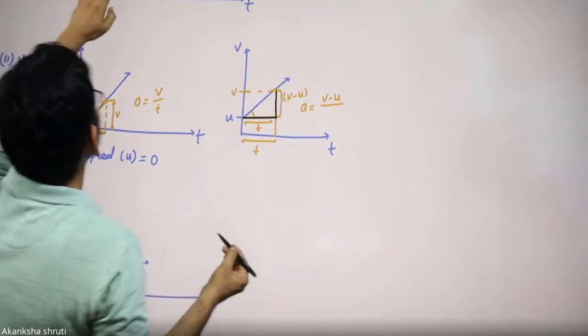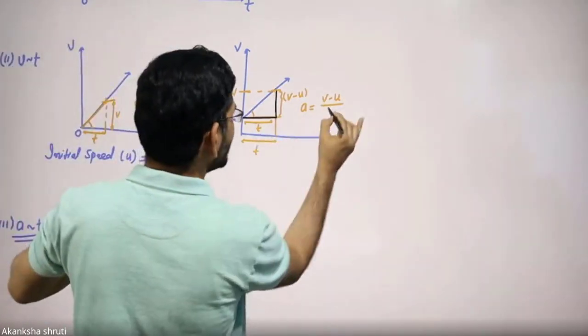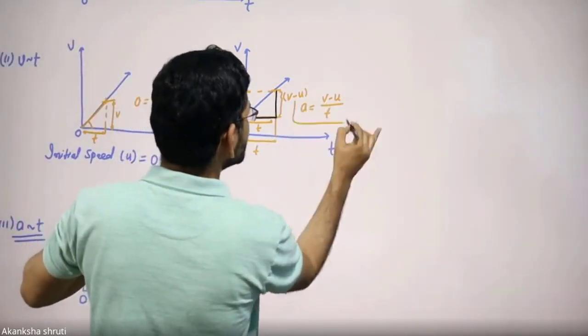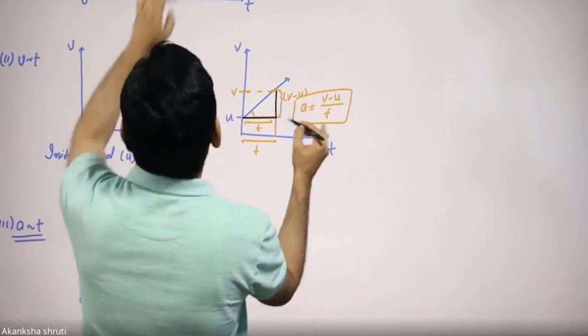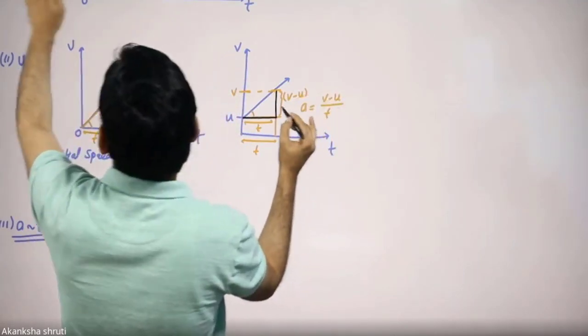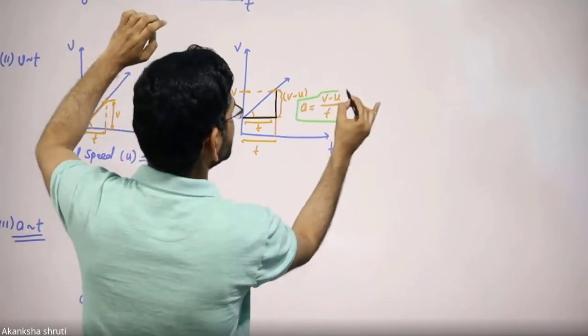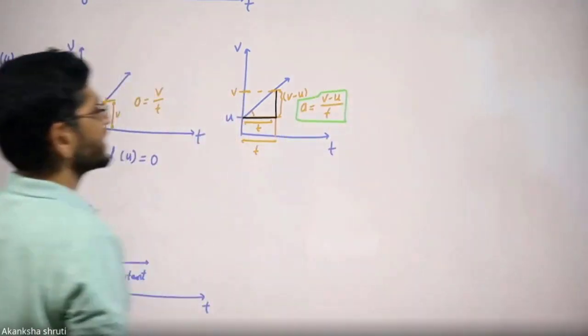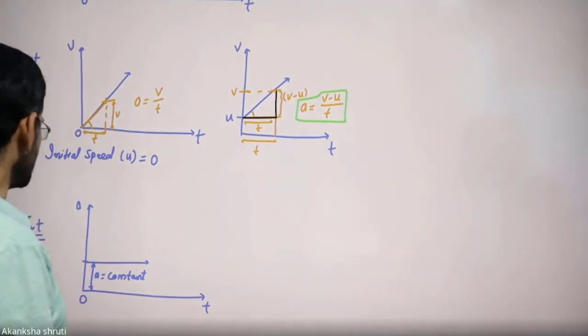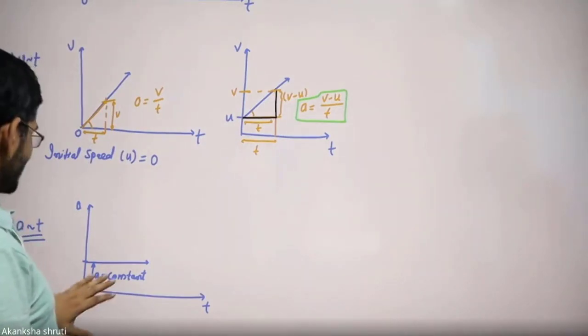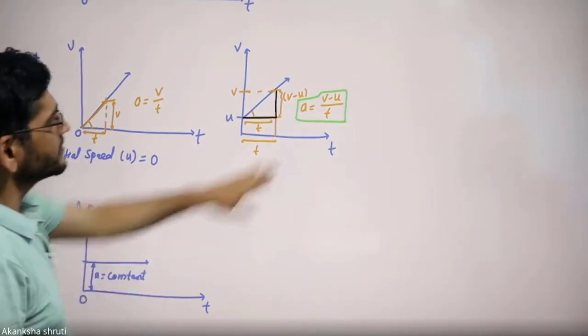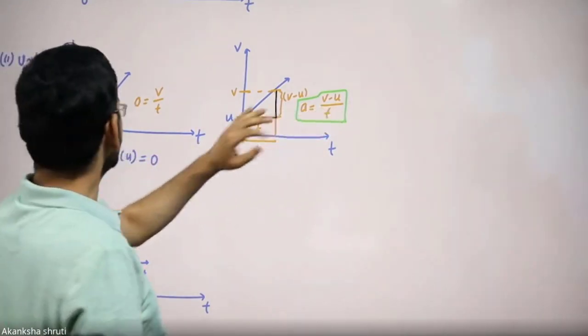Therefore, here we are taking v minus u by t. This is the acceleration formula that we have learned earlier. So this way the acceleration is calculated. Okay, students? So the acceleration has whatever value we have calculated here.